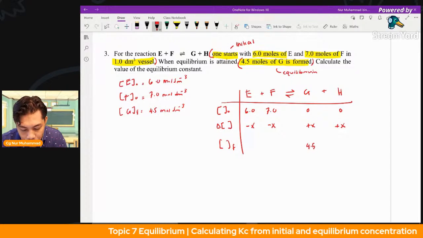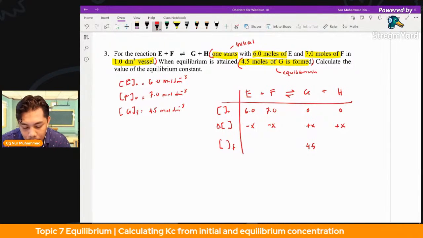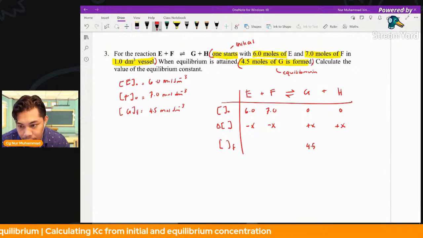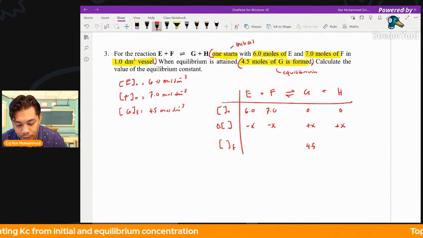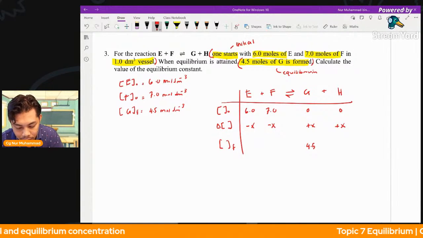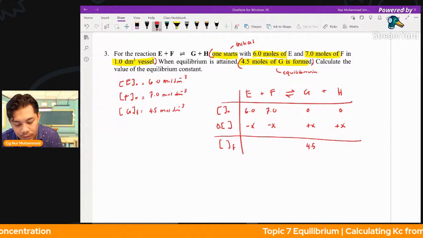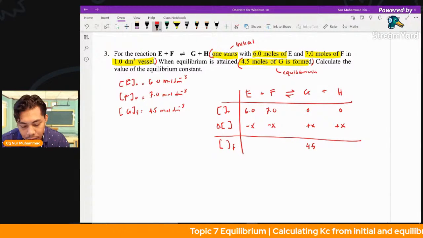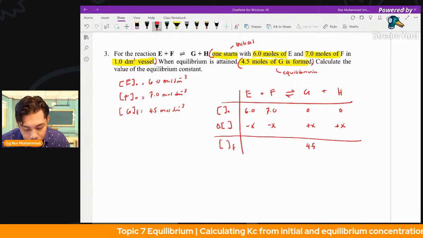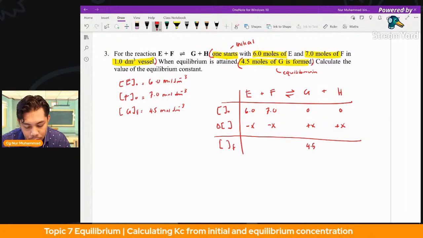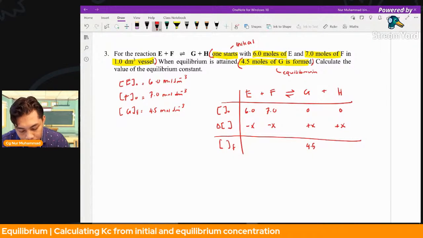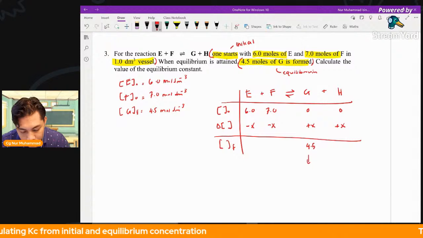So what is the value of X, class? What is the value of X? 4.5, meaning that H is also 4.5. This means from here we can find 0 plus X equals 4.5.